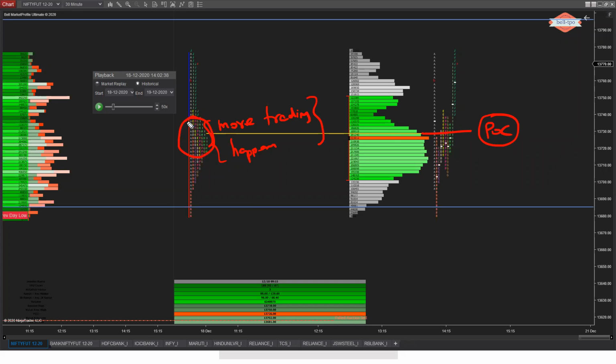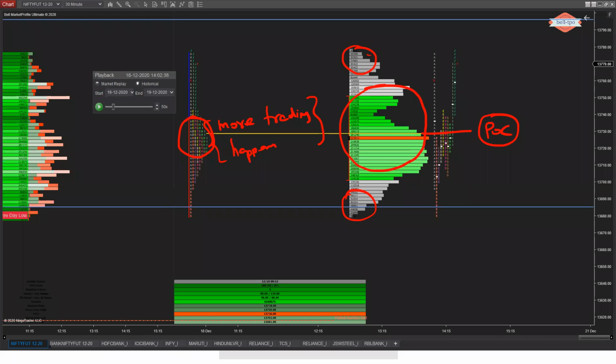Bigger traders are doing business here. That is why you are able to see the bigger volume around those levels. At the highs and lows, very lesser volumes are happening. However, at the center point, more volumes are happening. And this is of a repeatable nature. Most of the time in the markets, you are going to encounter this kind of pattern. And yes, you can also convert these into trading ideas as well.